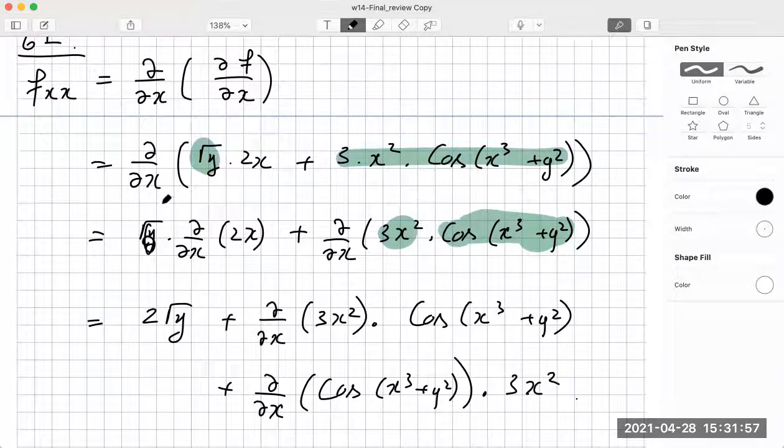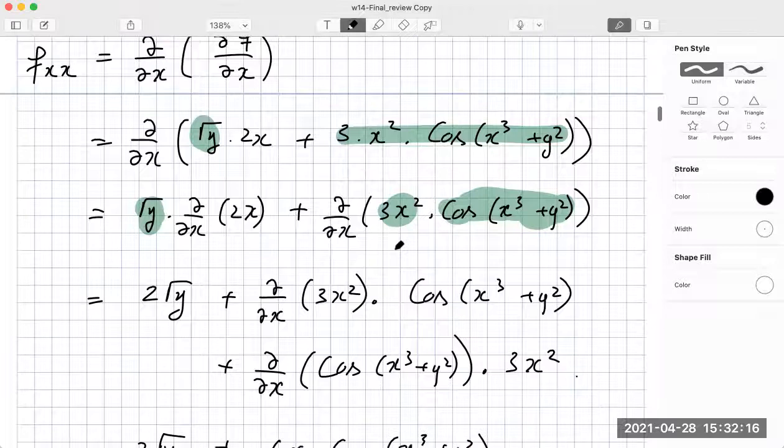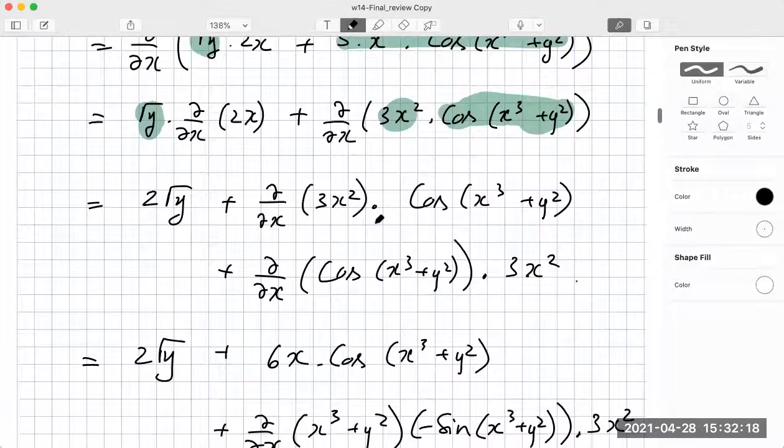This is a constant. Oops. So we can take it out of the derivative with respect to x. Here, be careful. This is the derivative of a product of two functions depending on x. So therefore, we have to use the product rule.